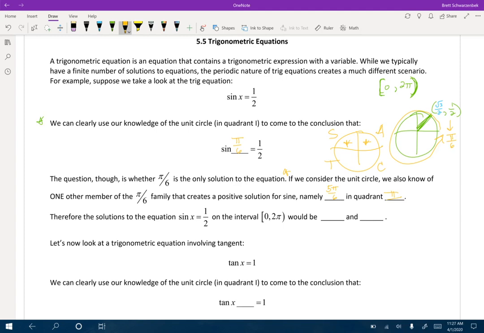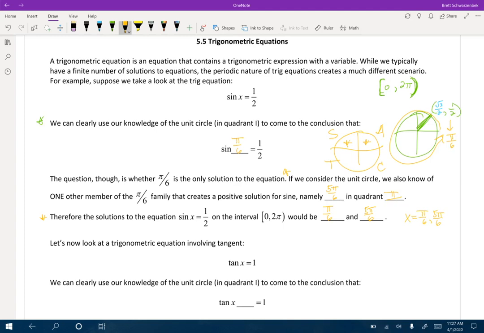It says, therefore, the solutions to the equation sine x equals 1/2 on the interval 0 to 2 pi, only including 0, would be pi over 6 and 5 pi over 6. So you would literally write x equals pi over 6, comma, 5 pi over 6 as your solutions. That would be the result.